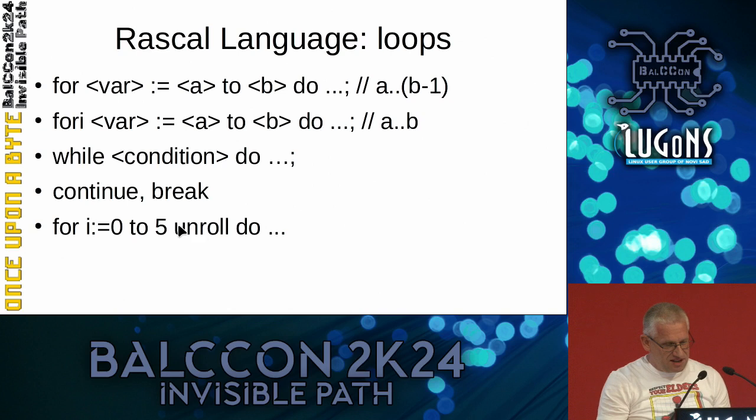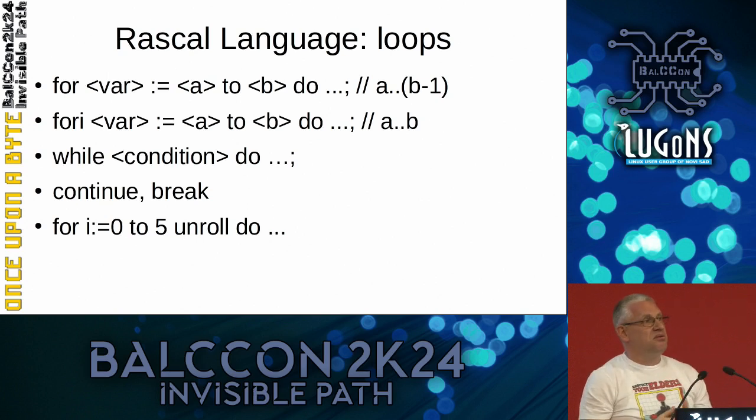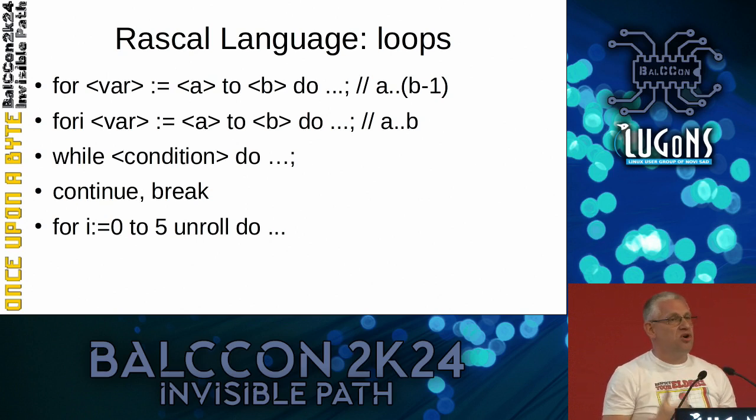One interesting thing is a modifier that says unroll. What does that mean? This is something that modern compilers also do. If you want some code to run faster, for example, you have a loop that does something. How does that loop execute on the CPU?